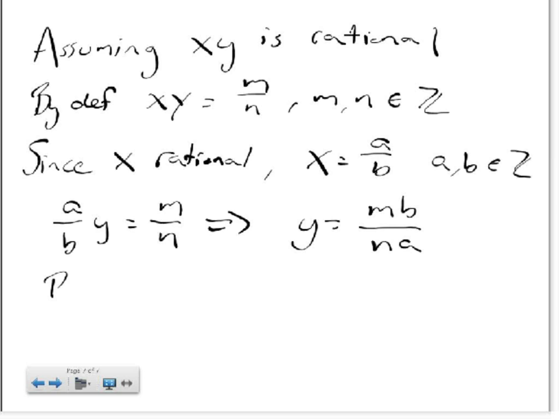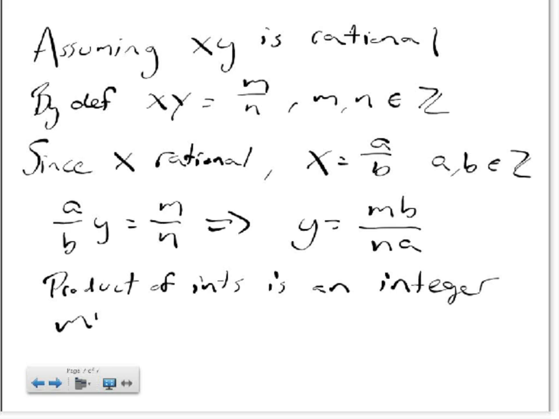Now, the product of integers is an integer. So mb and na are integers.